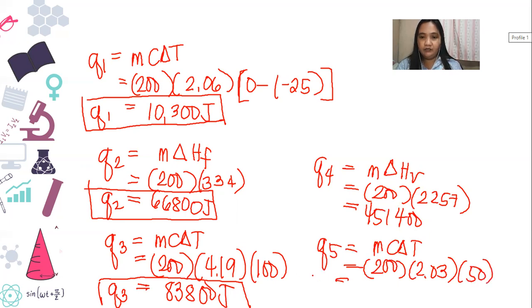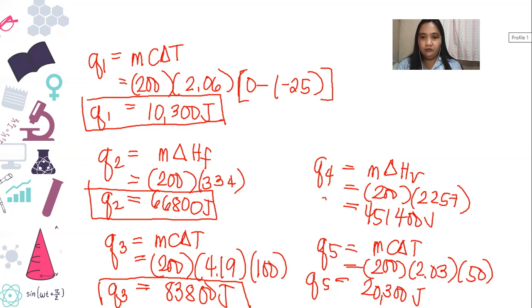So our final answer here is 200 times 2.03 times 50, which is 20,300 joules.